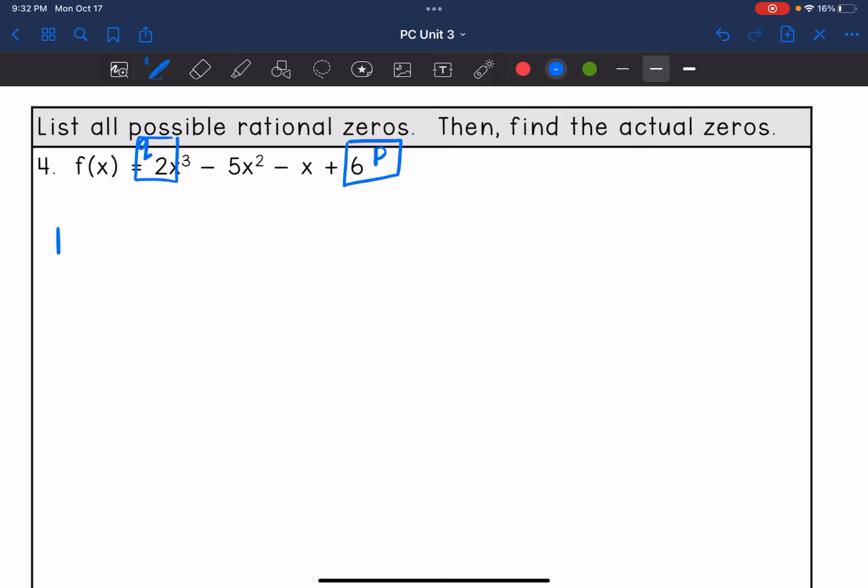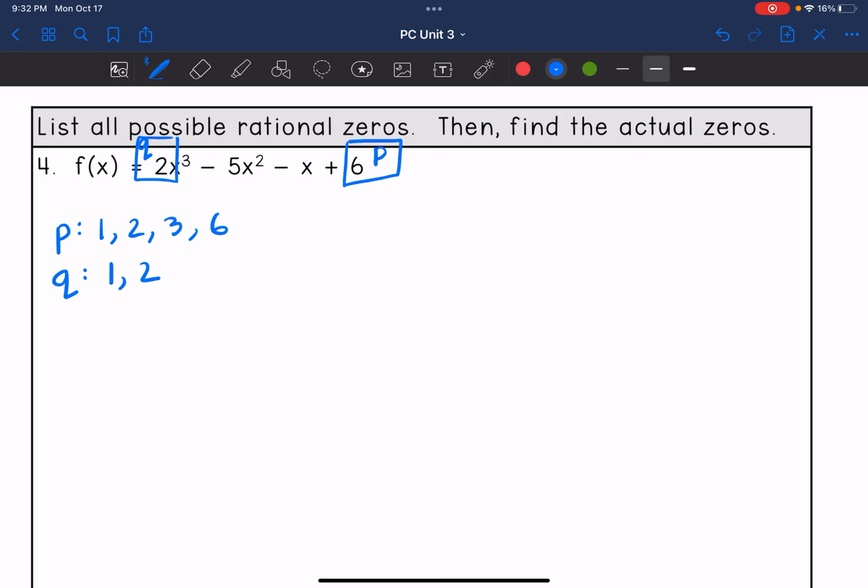Starting with P, 6, what are all the factors of 6? Well, I could do 1 times 6, and I can do 2 times 3. So I'm just going to list them: 1, 2, 3, and 6. And then for Q, it's just 2. 2 is a prime number, so the only way to multiply and get 2 is 1 times 2.